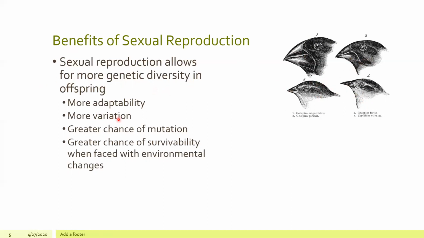Okay, so let's get back over here to the advantages. There's more adaptability, more variation, and we talked about that. There's a greater chance for mutation, and we're going to talk about mutation a little bit more, but all you need to know, and I'll write it down here, is that mutation is any change, so let's write change.